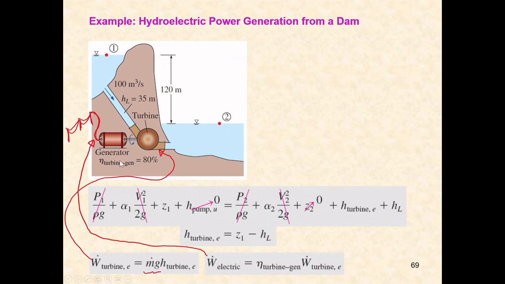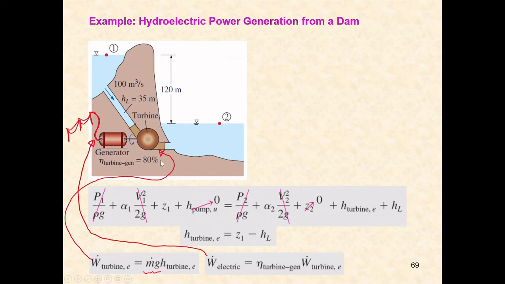So if you know the efficiency of the combined generator and turbine, then you can use this equation, where you multiply the efficiency of the turbine generator with the energy extracted by the turbine, and then you get the electrical energy generated. Remember that the energy extracted by the turbine from the water transfers to the shaft work, and from the shaft work it transfers to the grid through the generator.